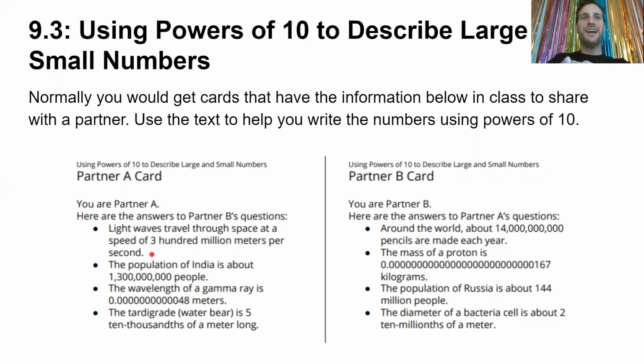Wow, light is so fast. And how would your partner write that saying down with just numbers instead of words? So take a moment, jot it down on your page for each of these 8 different examples, using standard base 10 notation.